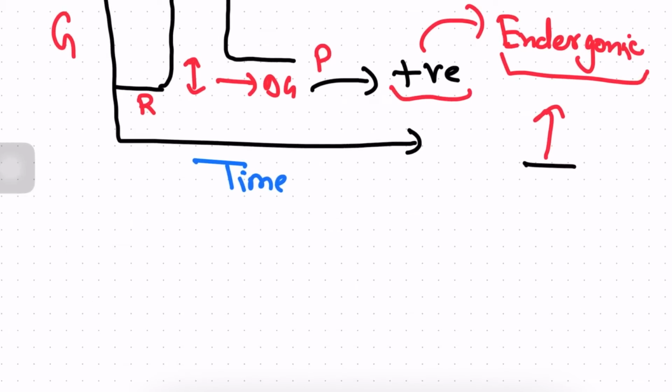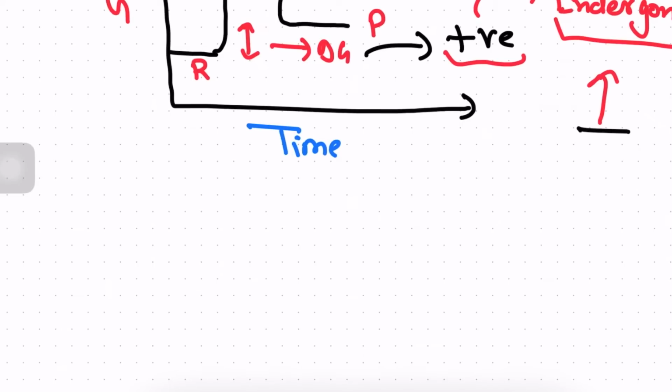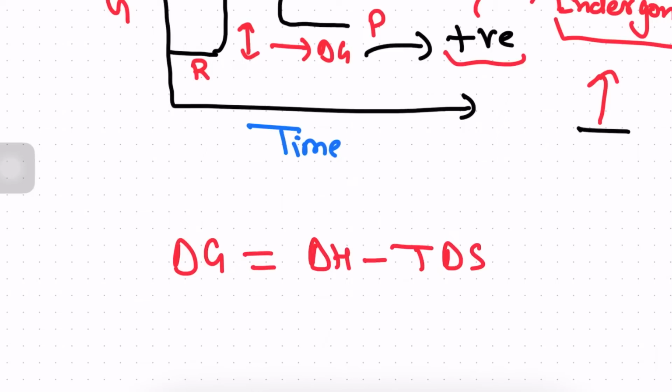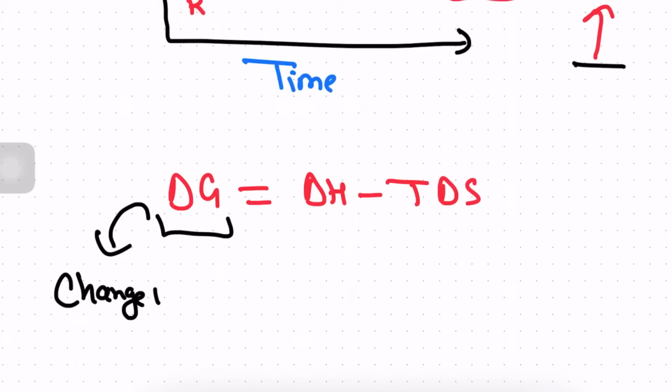Now here in your chemistry class you must have learned about one relation: change in Gibbs free energy, delta G, is equal to delta H minus T delta S. Here delta G is equal to the change in free energy.